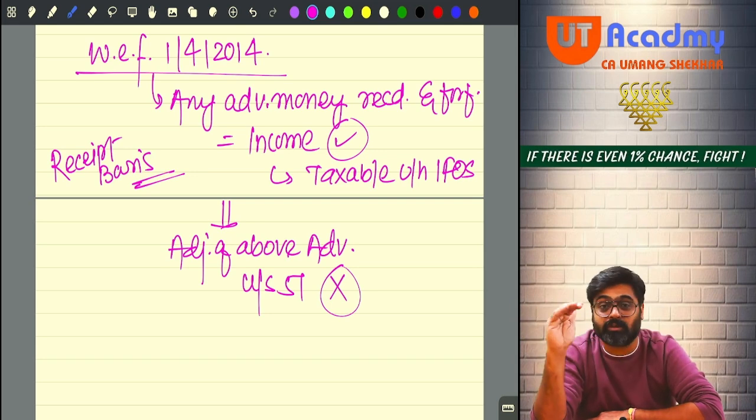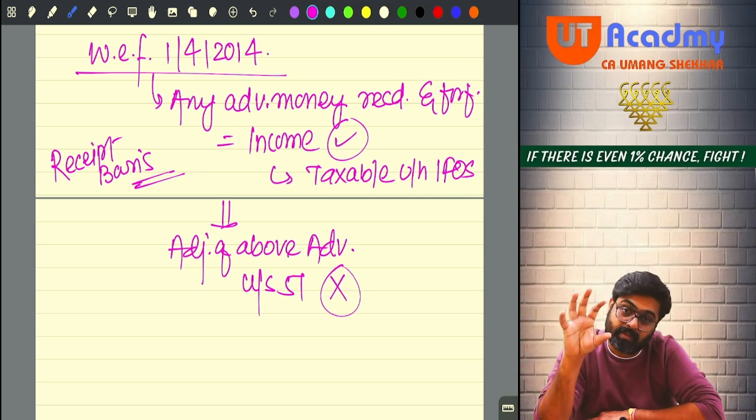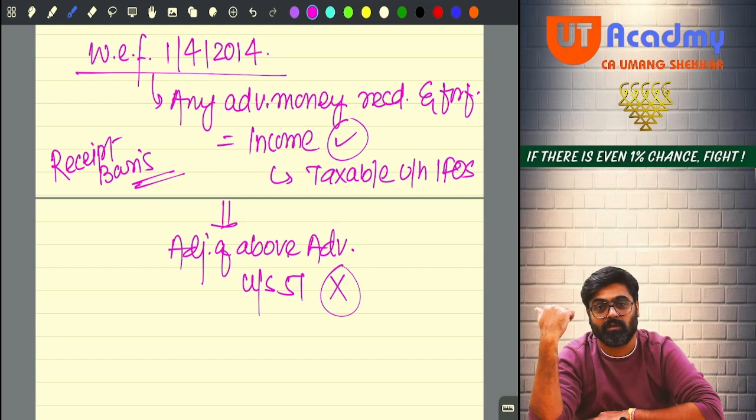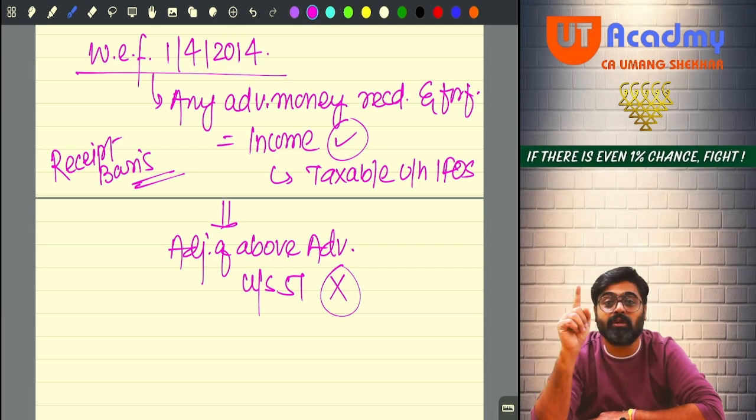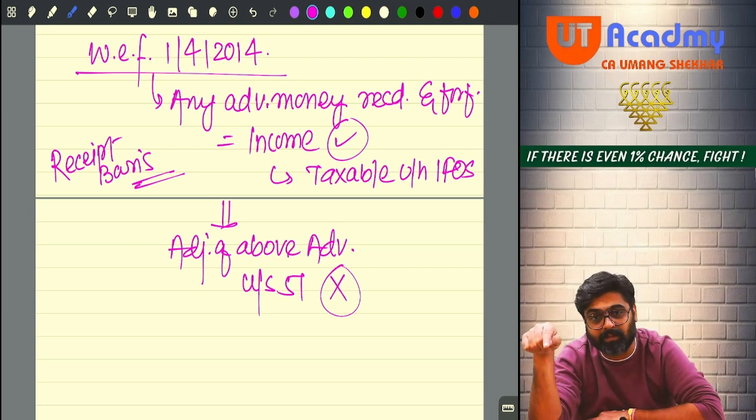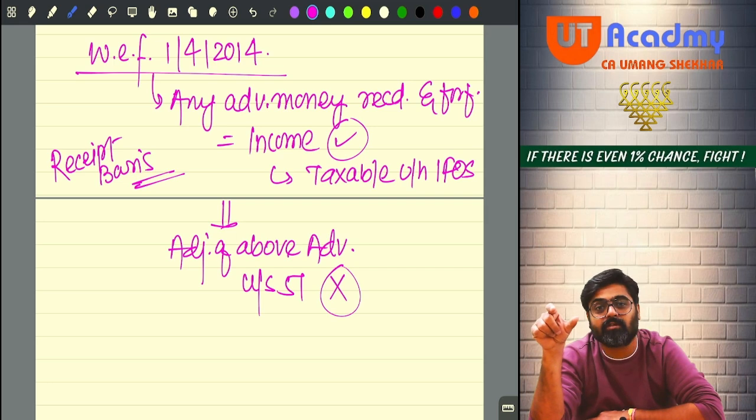After taking indexation of the cost, from that cost we will reduce. So the department was saying, no, you cannot do it. Section 51 tells you to adjust this amount out of the cost and not from the indexed cost. So reduce it from the cost, then whatever balance remains, on that balance you are supposed to take the indexation. Who was correct?